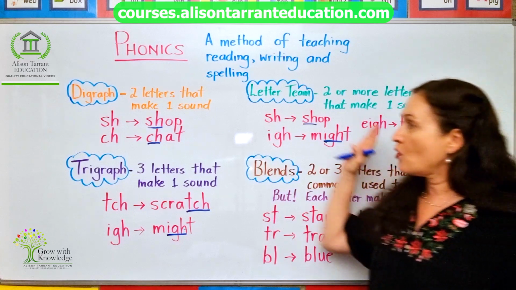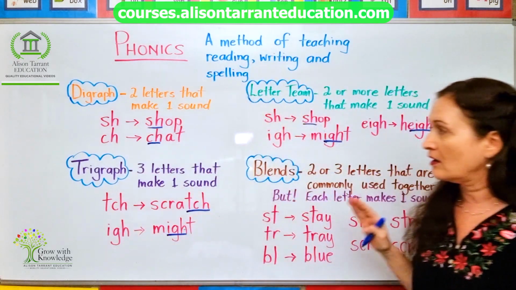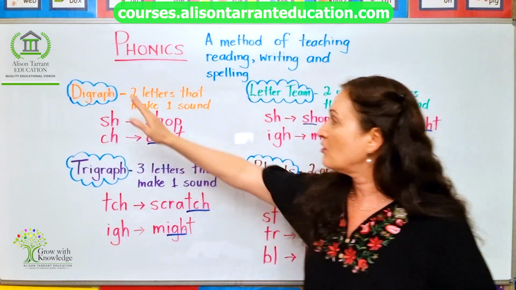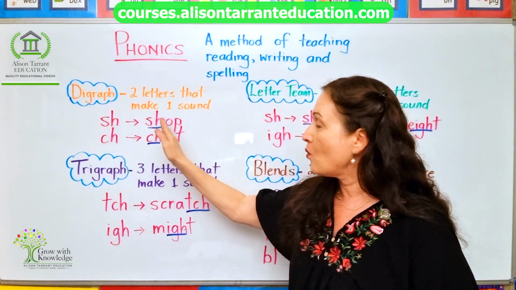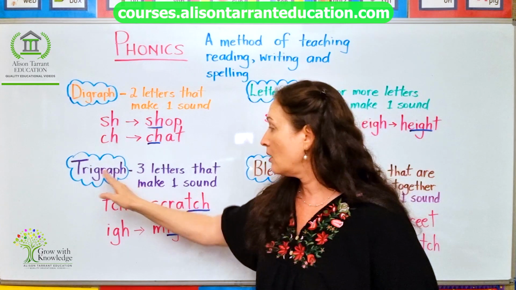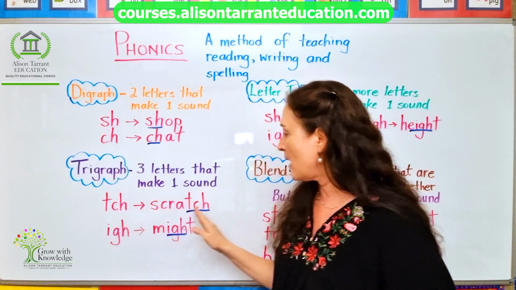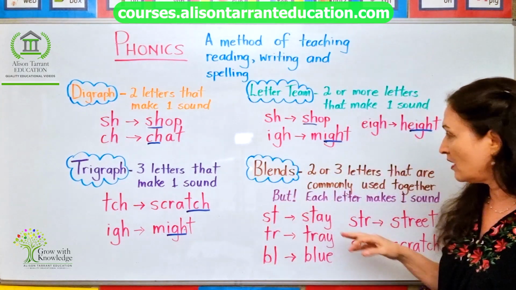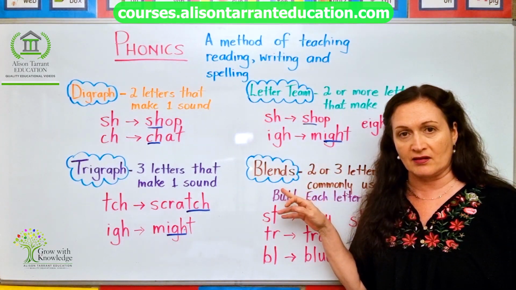Now, the reason why this gets all confusing is because the one point that is left out is a digraph is 2 letters that make 1 sound. A trigraph is 3 letters that make 1 sound. But it gets quite confusing because then you have a thing called blends.